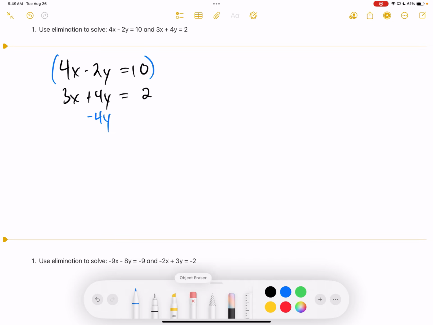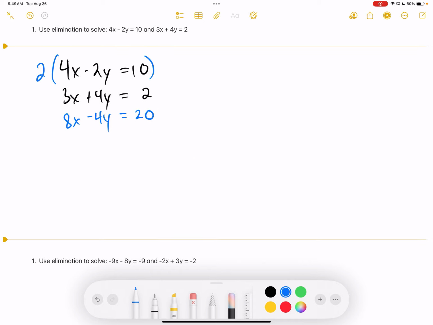So I'm going to multiply this one by 2 so that 2 times negative 2 is negative 4y, and then they'll cancel out. So I do 2 times everything in there. 2 times 4x, 2 times negative 2 is negative 4, 2 times 10 is 20.